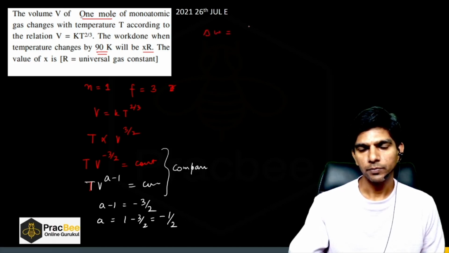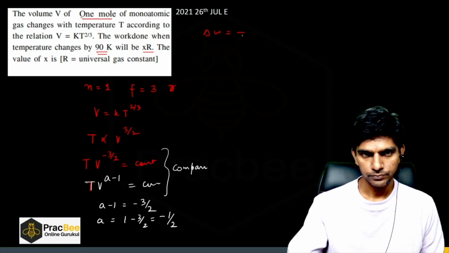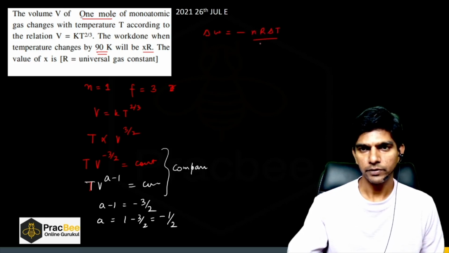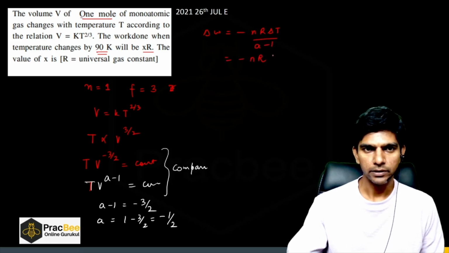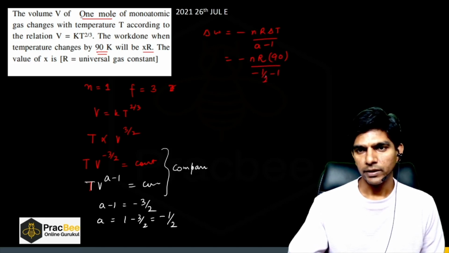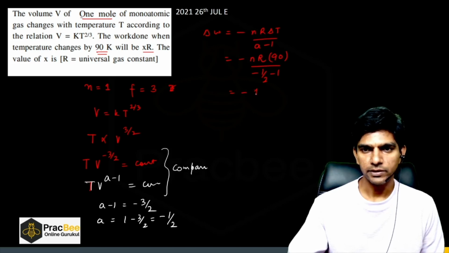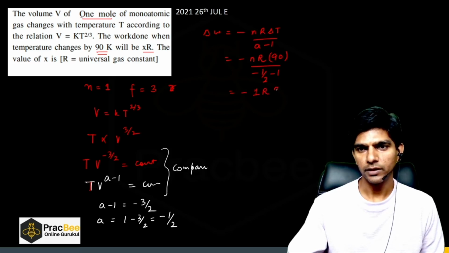So work done will be minus nR delta T divided by A minus 1. So minus nR, delta T here is given as 90 Kelvin. A is given as minus 1 by 2. n value is given as 1. So 1 times R times 90 divided by minus 3 by 2.